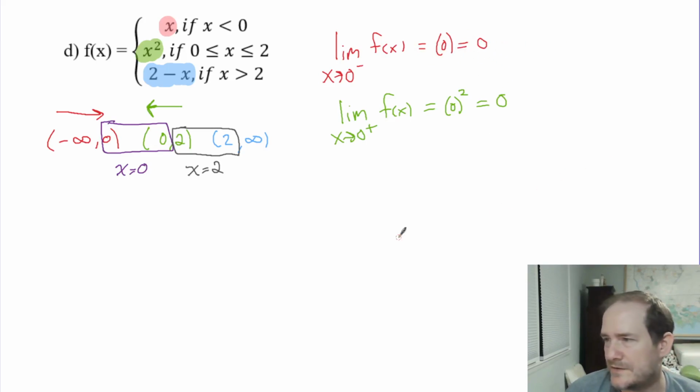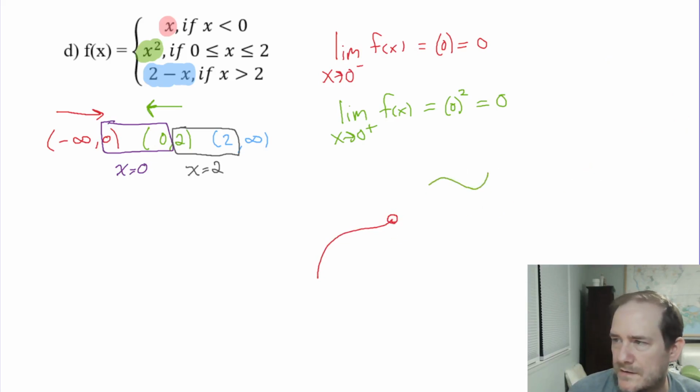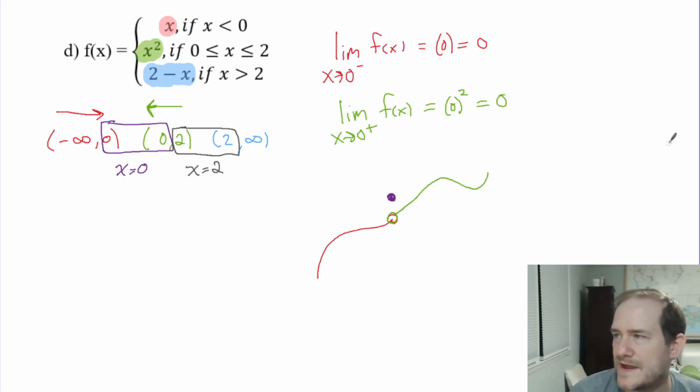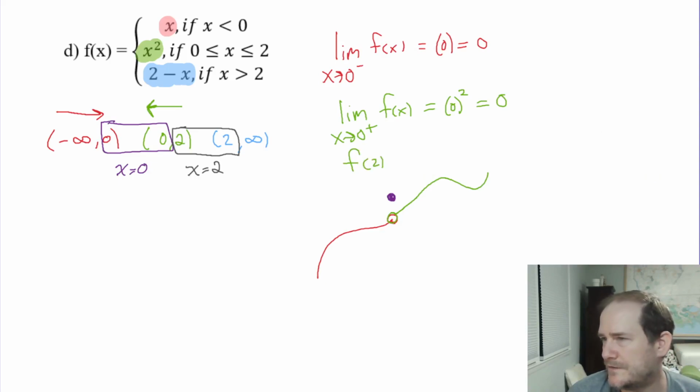But there is a chance that my limit from the left was giving me 0, and my limit from the right was giving me 0. But maybe, just maybe the function value is something else. Maybe the value of the function's up here, and then I get a point discontinuity. But that's not the case because, of course, the actual function value, f of 0.